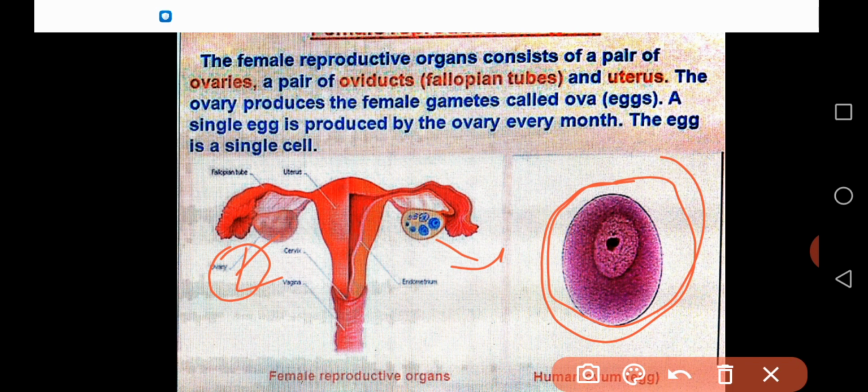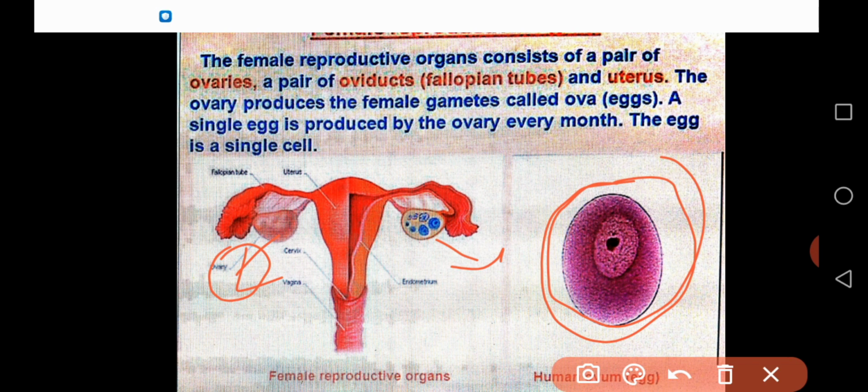The ovary is not only involved in the production of the female gamete, the egg, it also takes part in the secretion of female hormones like estrogen and progesterone. Estrogen and progesterone are the female sex hormones produced by the ovaries.